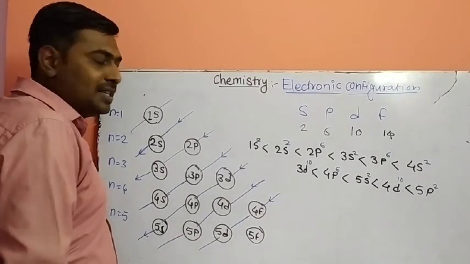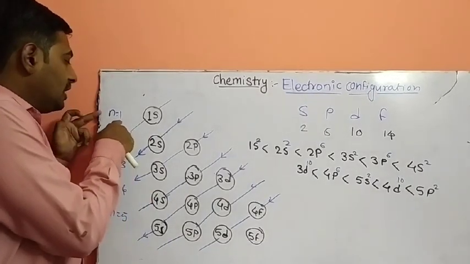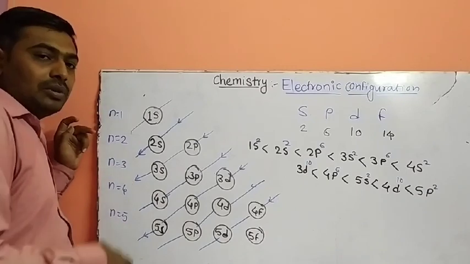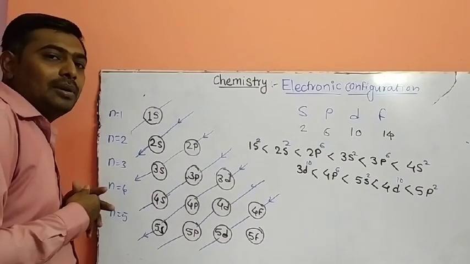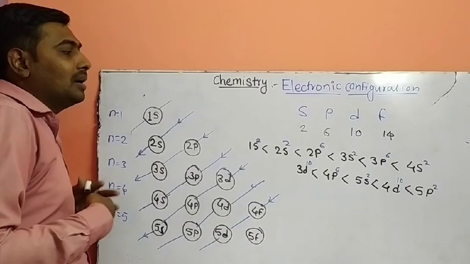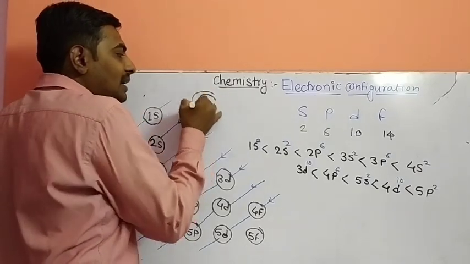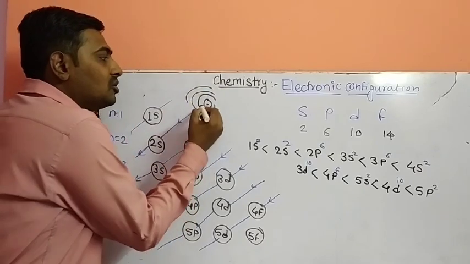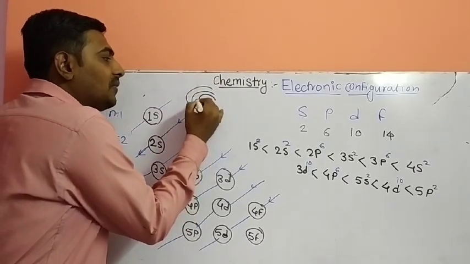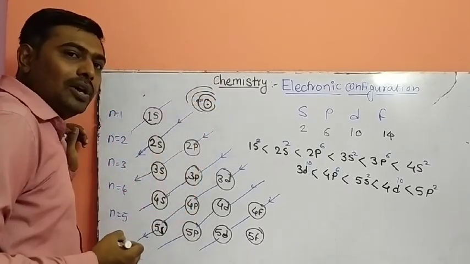Let's see the energy levels. n is equal to 1, 2, 3, 4, 5. These are the principal quantum numbers, which means the shell number. An atom consists of a nucleus and electrons rotating in shells. The nearest shell, or first shell, of any atom is n equal to 1.